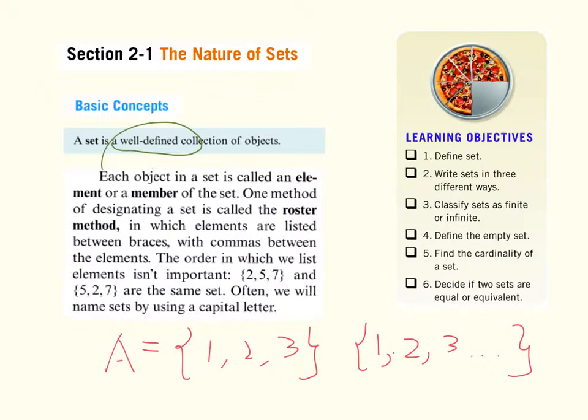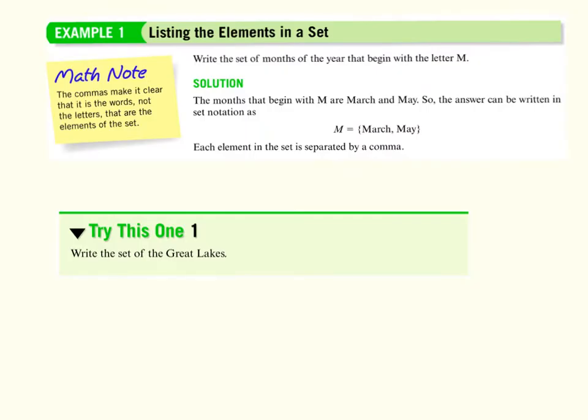On the right hand side, I should have pointed out that our learning objectives are all here. So let's look at the next slide. Here's an example: listing the elements in a set. Write the set of the months of the year that begin with the letter M. If we think about the months that begin with the letter M, we know that there's March and May.